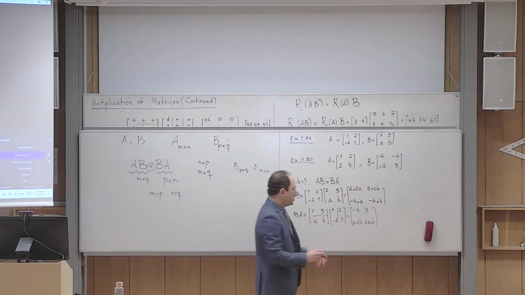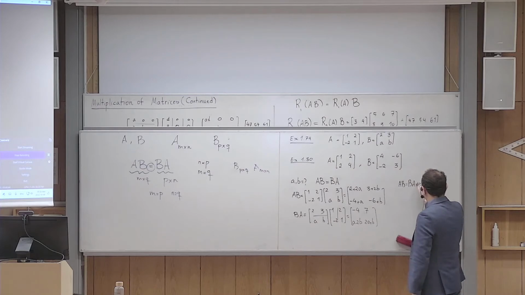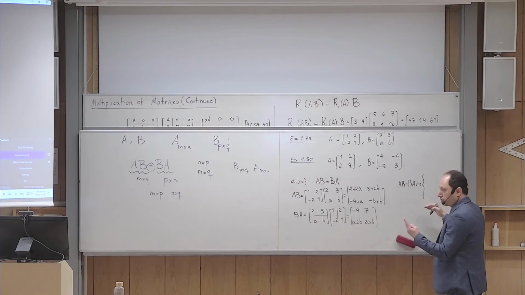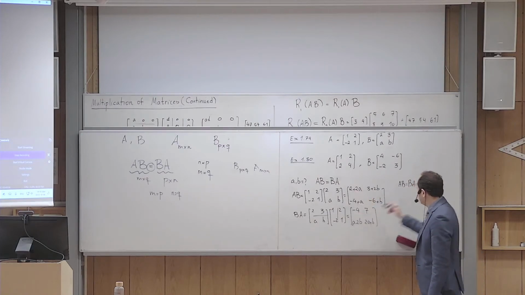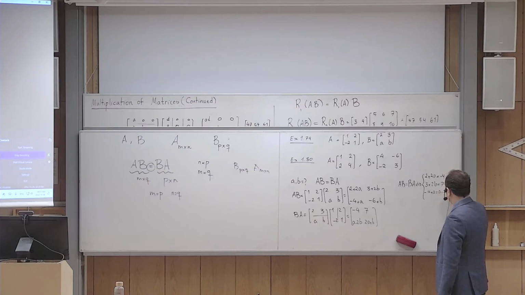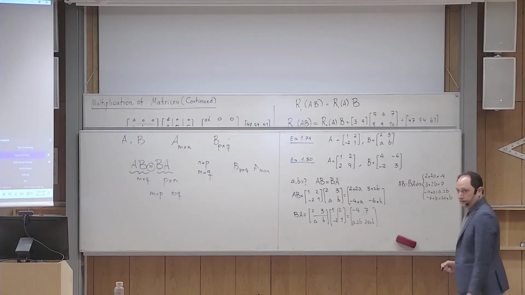So what happens, this is important, if AB is supposed to be equal to BA, then I am facing a system of 4 equations in 2 unknowns. The equations are 2 plus 2A is minus 4, and then 3 plus 2B is 7, and then minus 4 plus A should be A minus 2B, and then 2A minus 6 plus B should be 2A plus B. Yes?